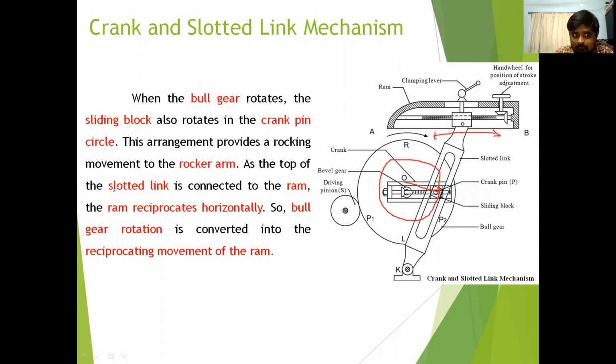The top of the slotted link is connected to the ram, which reciprocates horizontally. So if this slotted link oscillates, because the link is connected to the ram, the ram will reciprocate in either the forward or reverse direction. That's why, by using this mechanism, the rotary motion of the crank and slotted link is converted into reciprocating motion of the ram.